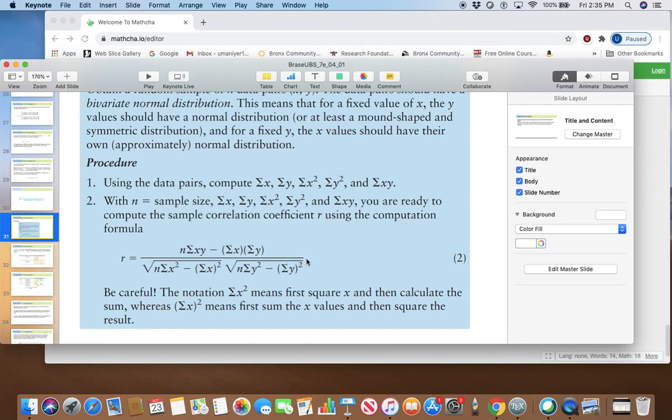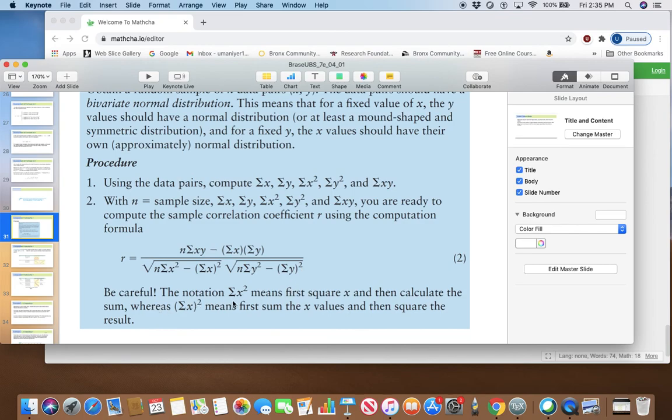R is a big fraction. The numerator consists of n summation xy minus summation x times summation y. The denominator is the square root of n summation x squared minus summation x the whole power 2, times the square root of n summation y squared minus summation of y the quantity squared.